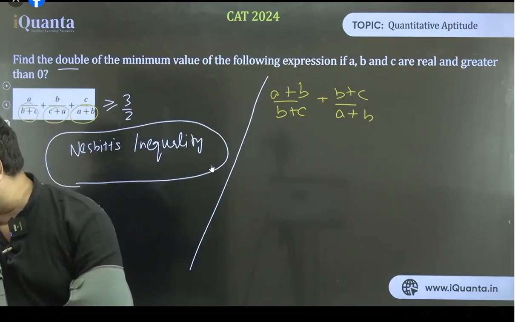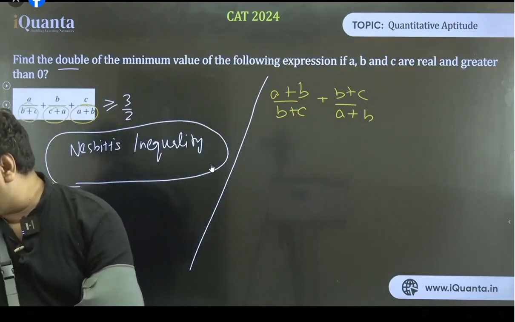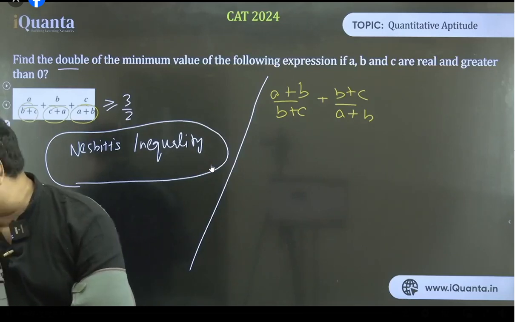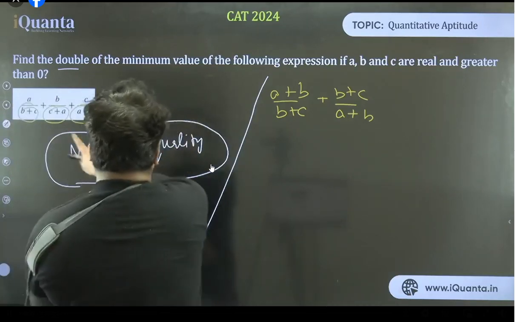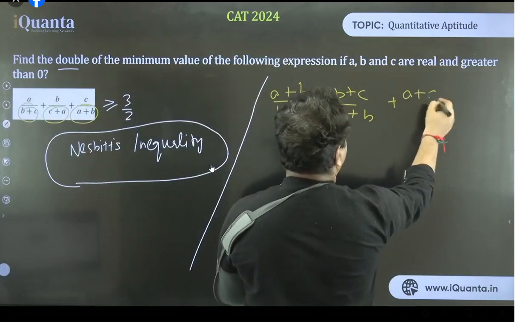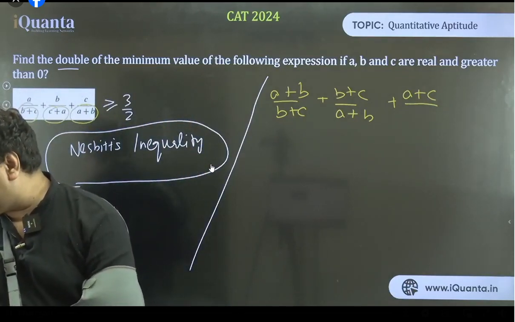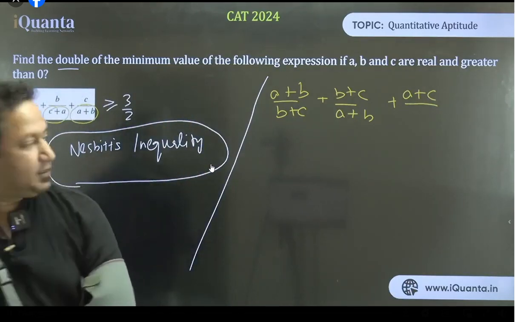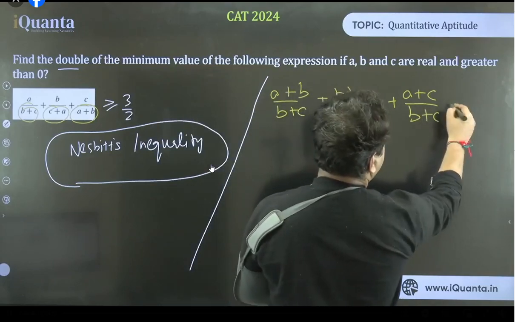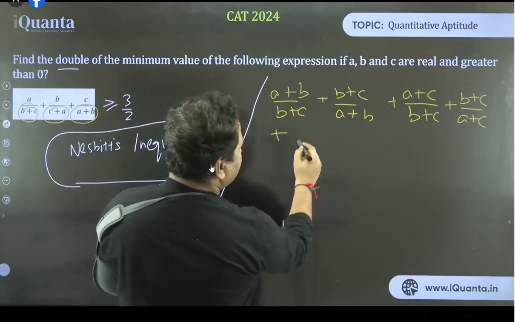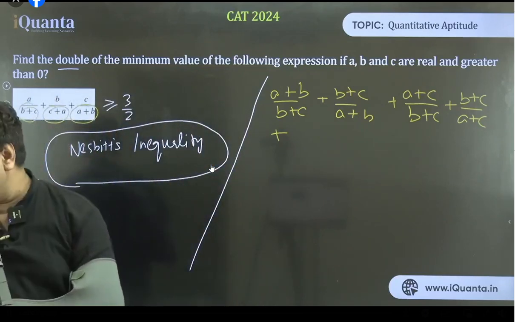Then here this is a plus c, I take that, plus a plus c. So I'll make all the possible combinations, right? So a plus c upon b plus c, just the reverse of it, that is b plus c upon a plus c. What else? Here I have a plus b.